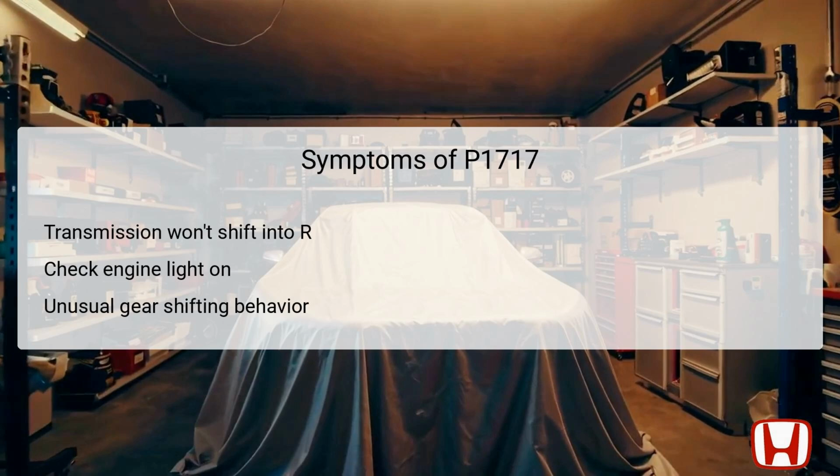Drivers may also observe unusual gear shifting behavior, such as erratic shifting between gears or the transmission not shifting smoothly. In certain cases, the vehicle might enter a fail-safe mode, which prevents the transmission from shifting at all, ultimately affecting drivability. Understanding these symptoms can help diagnose the problem effectively before it leads to more severe transmission issues or repairs.